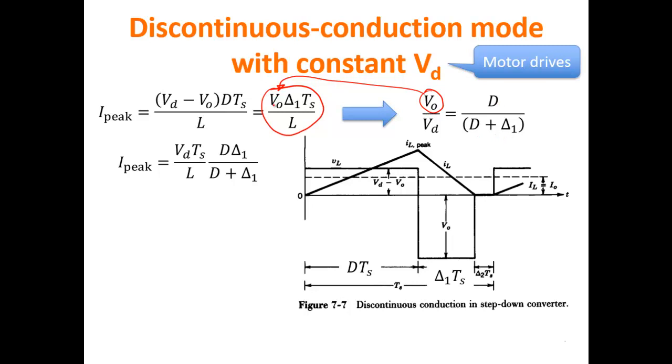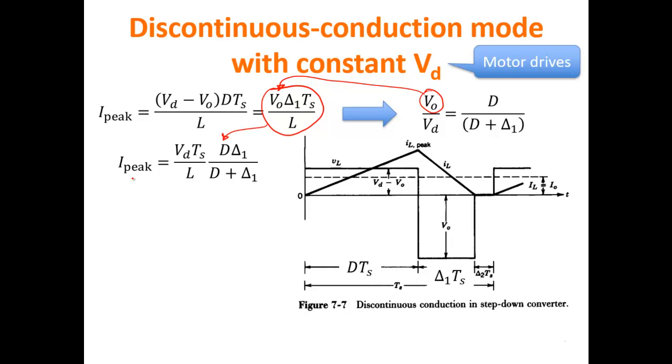You see, basically, delta 1 is at the numerator, and the advantage of writing it this way is that we have now a relationship of the current with the input voltage, not with the output, only with the input voltage. And this is going to give us some information about how delta 1 depends on the current.